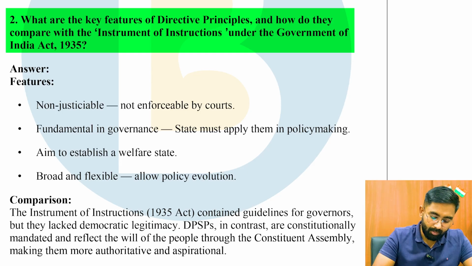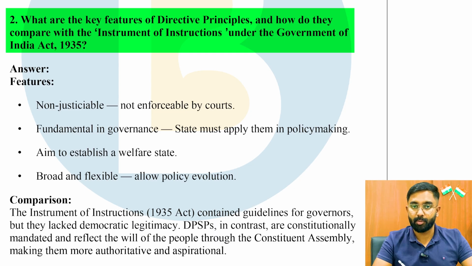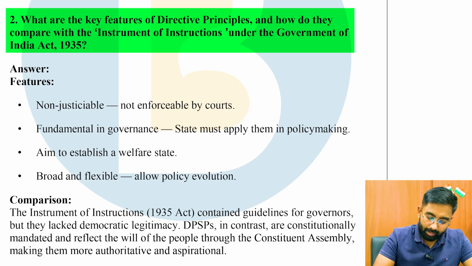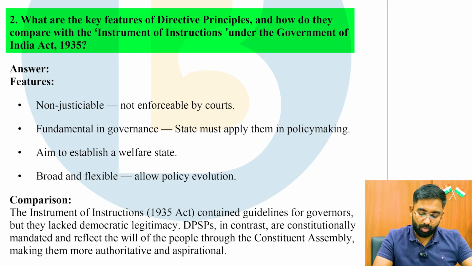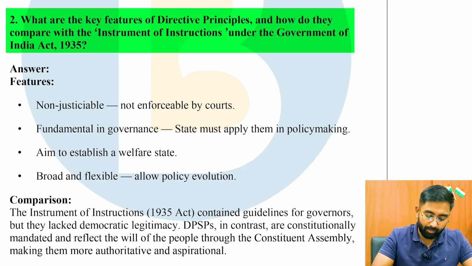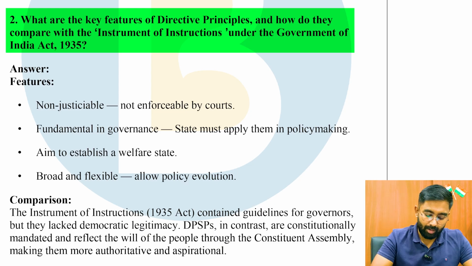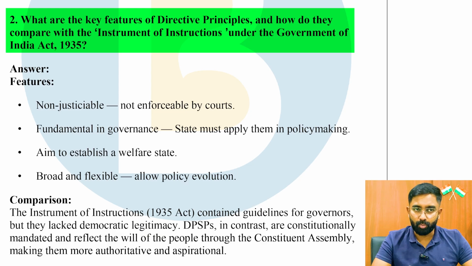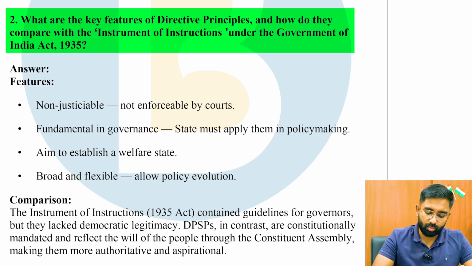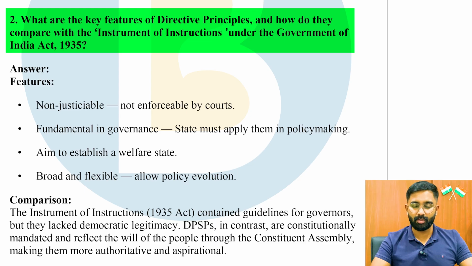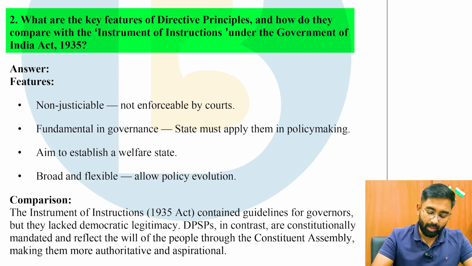And in comparison with the instrument of instructions with respect to the 1935 Act, it talks about the guidelines for governors, but they lacked democratic legitimacy, right? In fact, the Government of India Act 1935, which had the instrument of instructions, were mostly those instructions which were given to the then governors, generals, the officers, and all of those things.